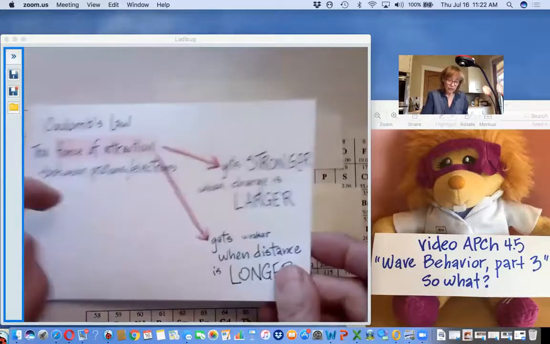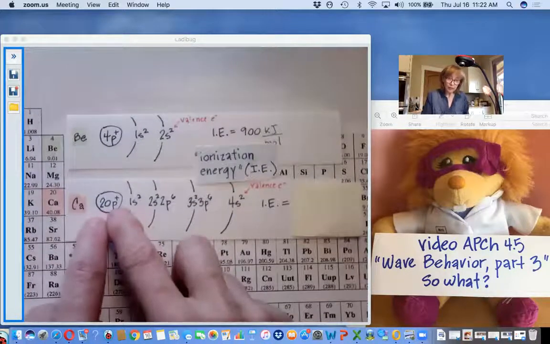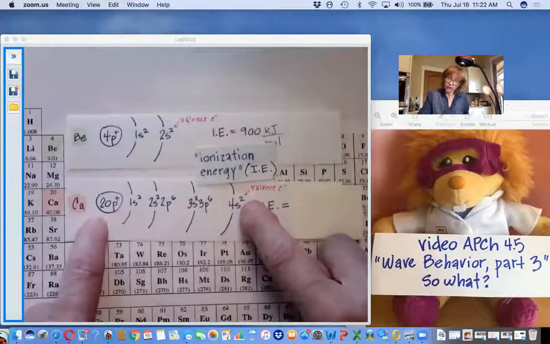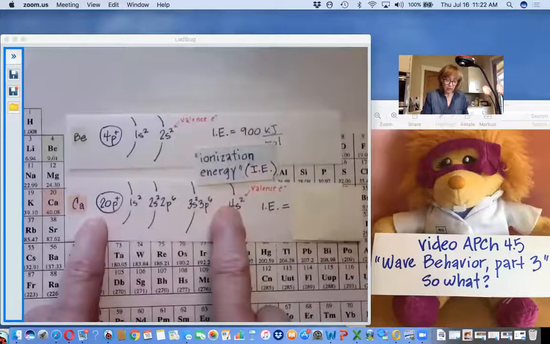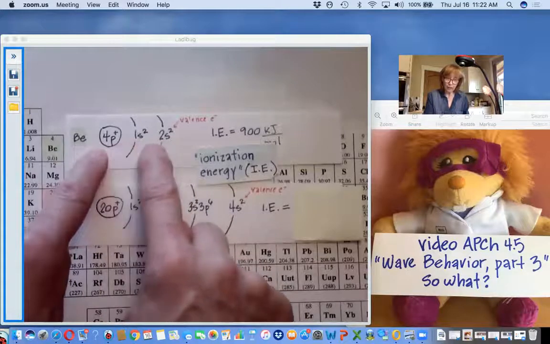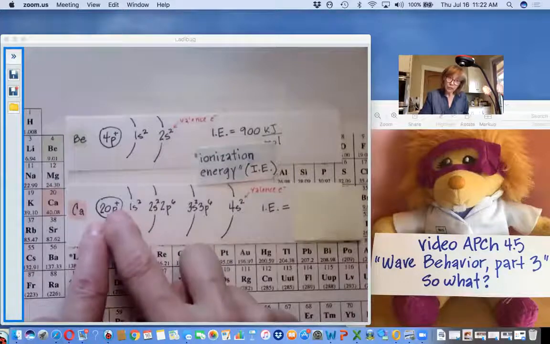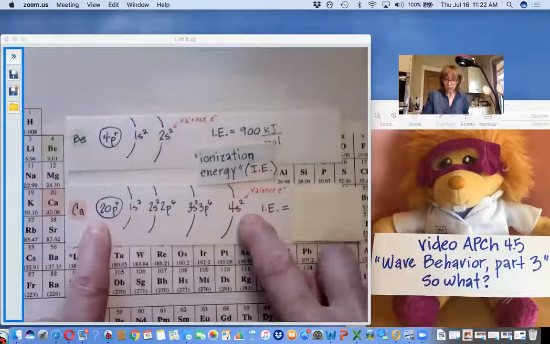So as we're looking at calcium, the distance between the positive protons and these valence electrons that we want to remove, that distance is much longer compared to the distance we had to consider for beryllium, which means the force of attraction between these protons and these electrons is weaker.